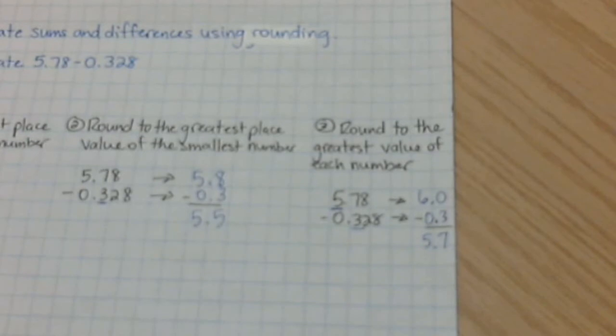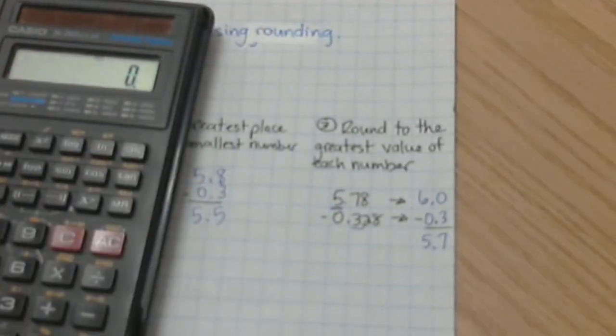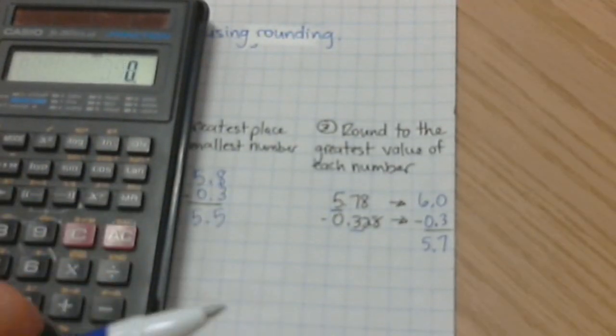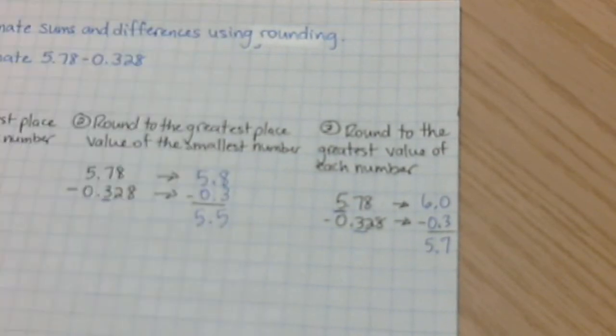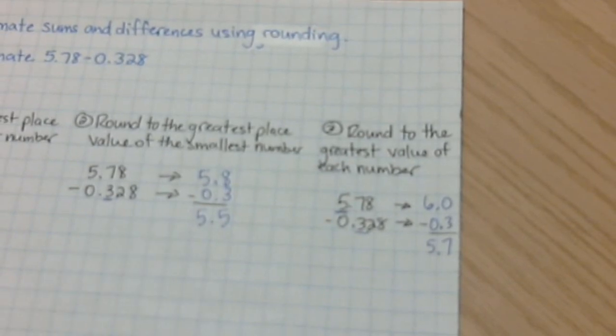Now I'm going to check the actual answer using my trusty calculator. 5.78 minus 0.328 actually equals 5.452. So this one actually gives us the closest estimate. All three estimates are correct.